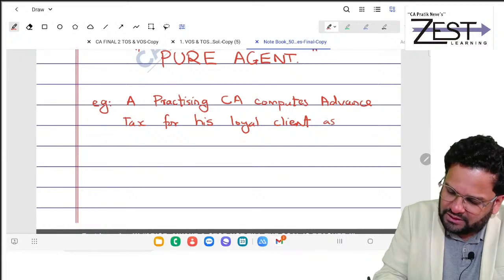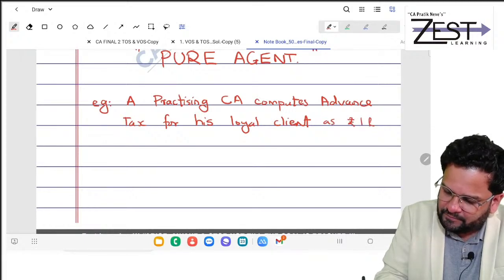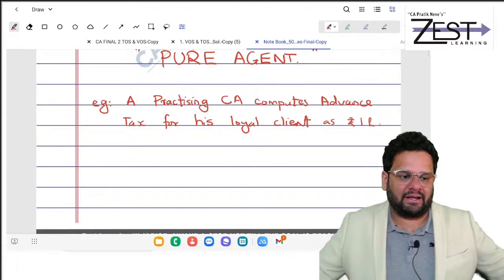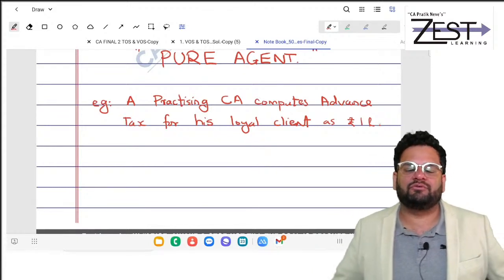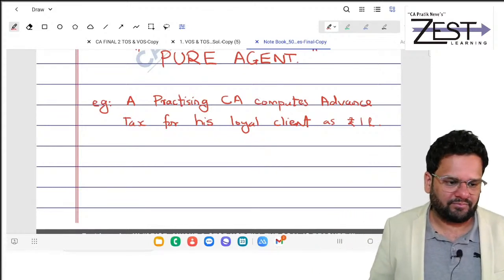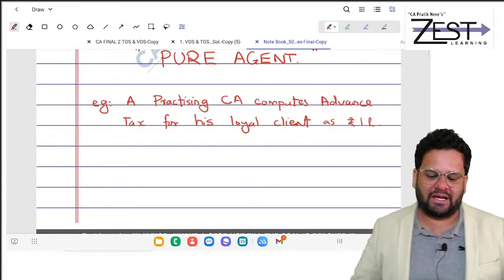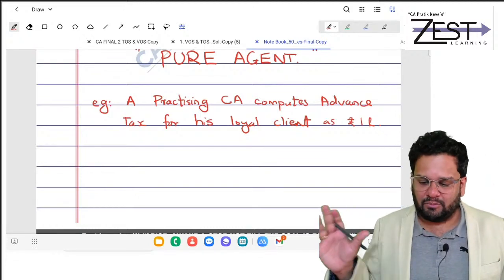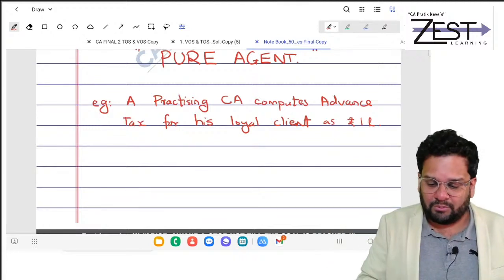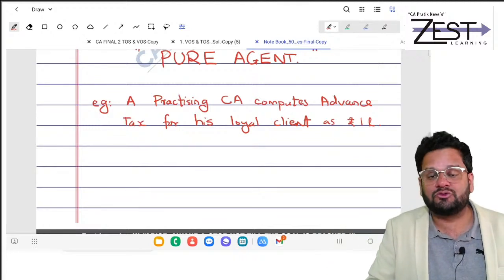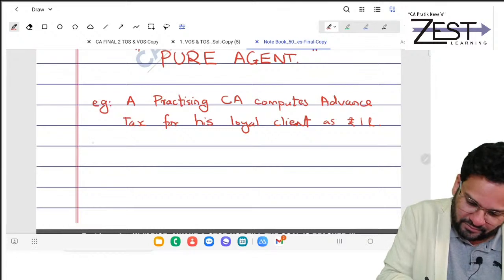As rupees 1 lakh. So it's a very loyal client. He has always been paying fees on time, very honest client. So practicing CA computes for one time his advance tax as rupees 1 lakh.